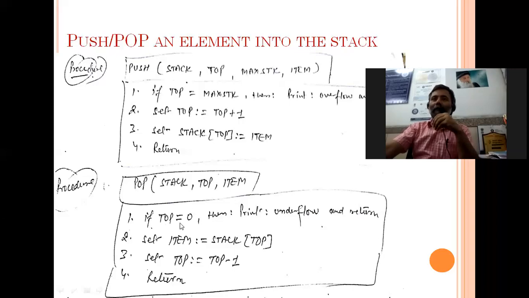Mind it, we are using the index of Pascal, that is from 1 to n. If we are using C syntax, then here it will be top is equal to -1, because you know that in C we start from 0. So if you are using C language, then top is equal to -1.